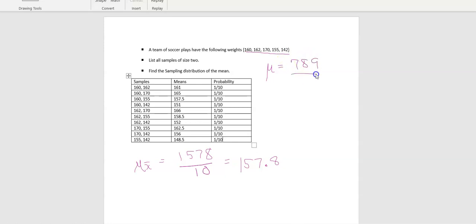And if we divide that by the 5 pieces of data in our population, we get 157.8. So notice the mean of the means, the mean of the sampling distribution, is the same thing as the population mean. And most times we don't know what the population mean is. This is a very small population, but this will always be true.